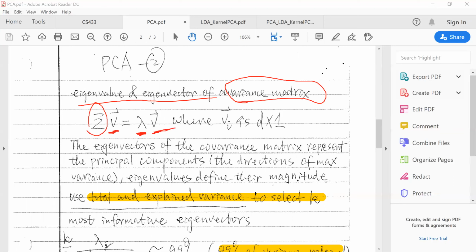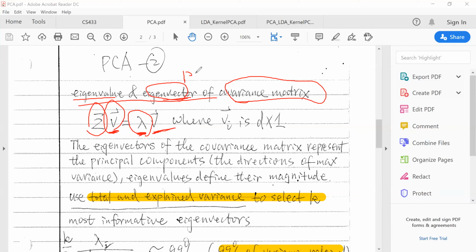If you can find the number and the vector for this matrix that make this equation hold, then you have found a pair of eigenvalue and eigenvector. Here we want to know our eigenvector.